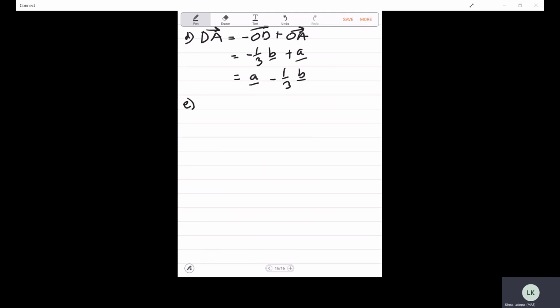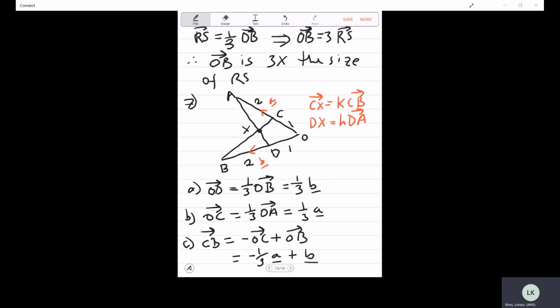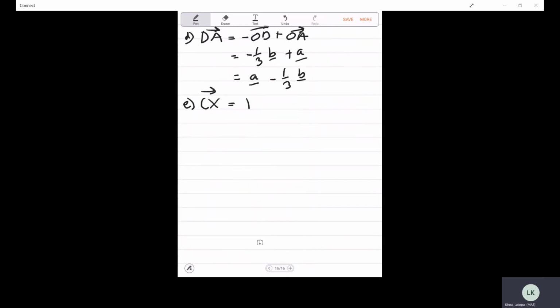And then E, we have to find CX. Okay, now we're told that CX is KCB. Okay, and we are told to rewrite this in terms of A, B, H, and K. So CX is KCB, where K is some scalar.